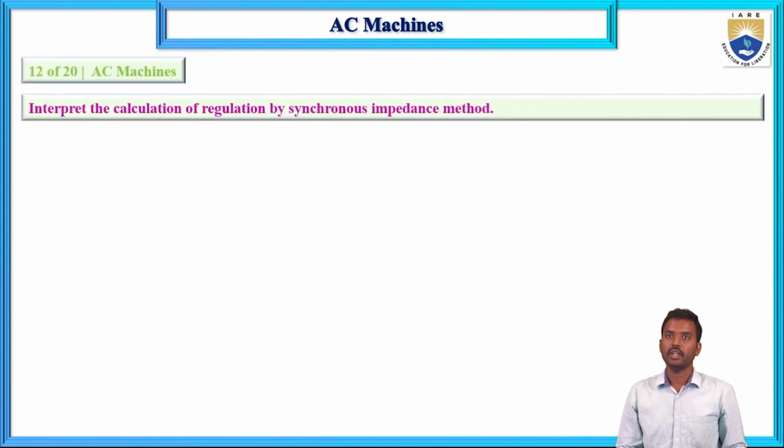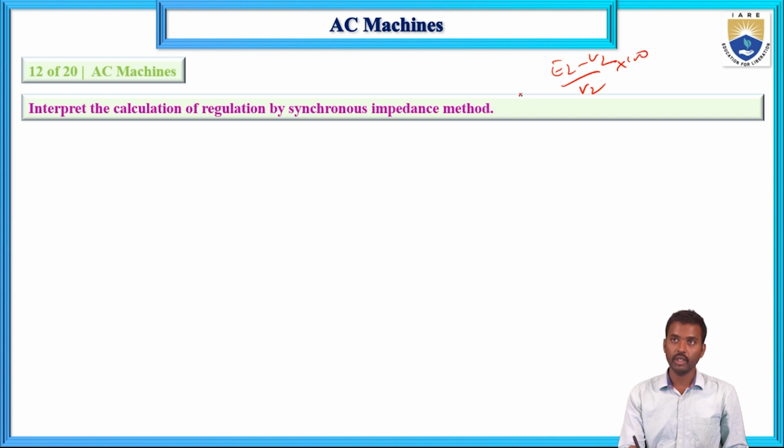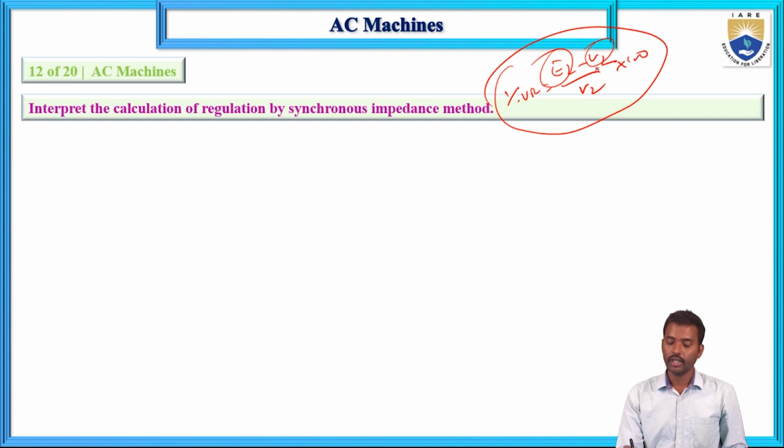the calculation of voltage regulation by the synchronous impedance method. So what do you mean by regulation? Regulation is from no load to full load: (E2 minus V2) divided by V2, into 100. This is for any machine: percentage voltage regulation, where you measure the voltage at no load condition and the voltage at full load condition.